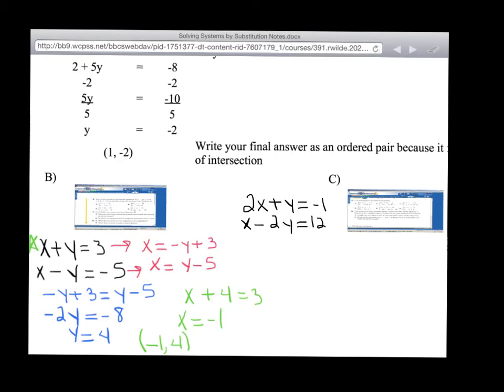The first thing I'm going to do is rewrite one of the equations so that it's easier to solve. The first one I'm going to rewrite is the first equation here. I'm going to rewrite it as y equals negative 2x minus 1.